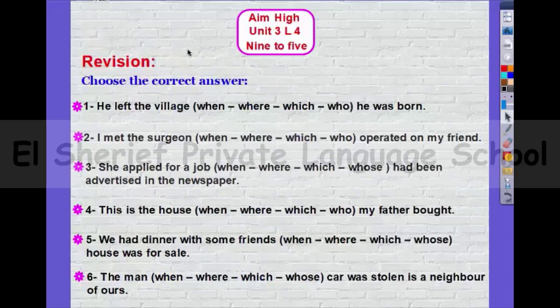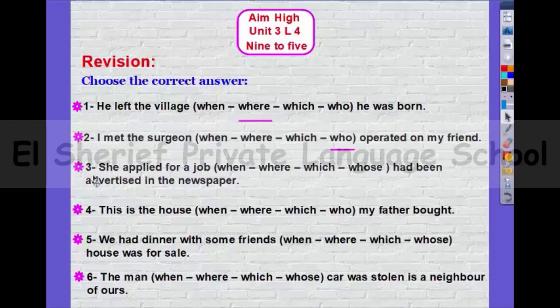Now let's start with this quick revision on the previous lesson. Number 1. He left the village. He was born. So the village is a place, so we're going to use the relative pronoun where. Number 2. I met the surgeon, operated on my friend. So the surgeon is a person, so the relative pronoun is who.